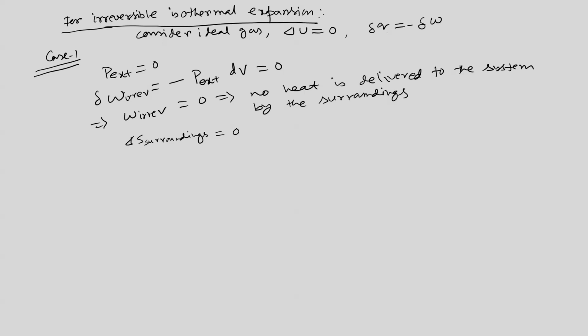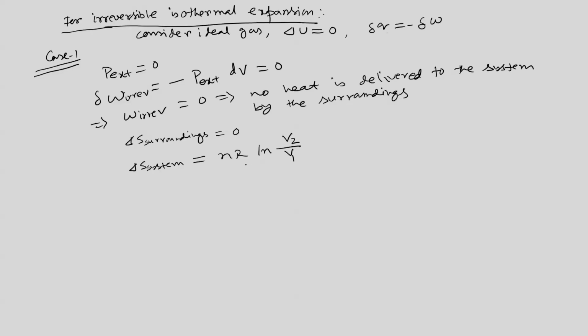Delta S system is nothing but nR ln V2 by V1, because it is an expansion process. The system is producing some amount of entropy here, and that is nR ln V2 by V1.